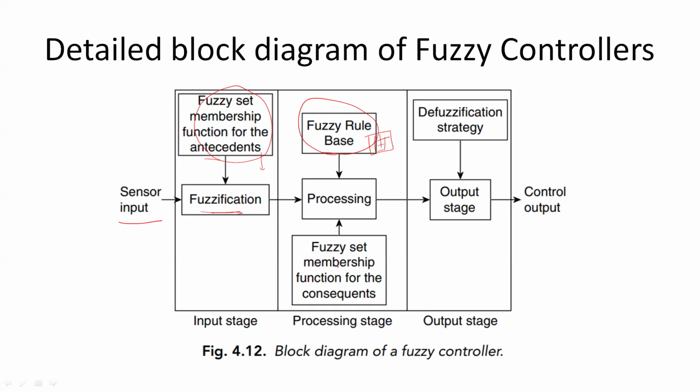Then fuzzy set memberships for the consequent are applied after the processing. Finally, in the output stage, some defuzzification strategy will be selected, and we do an aggregation here also. And finally, we get the output for controlling the system.